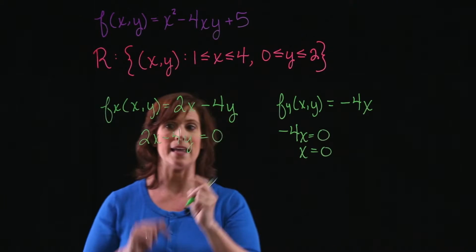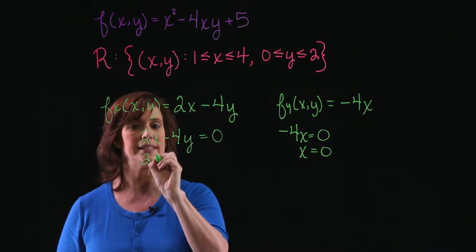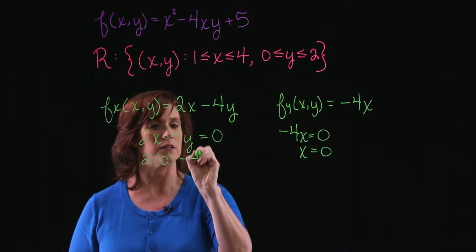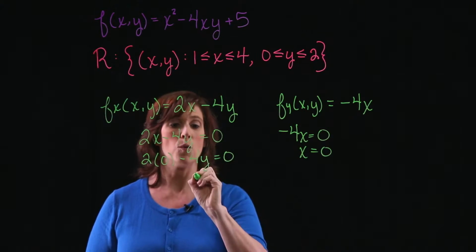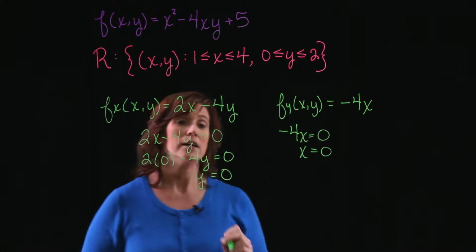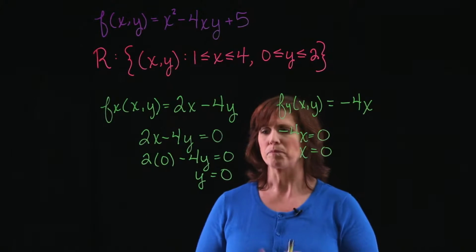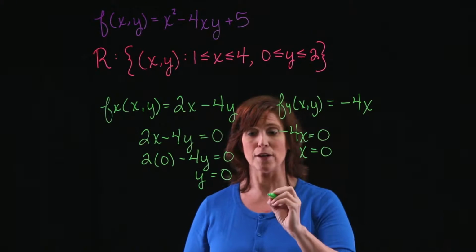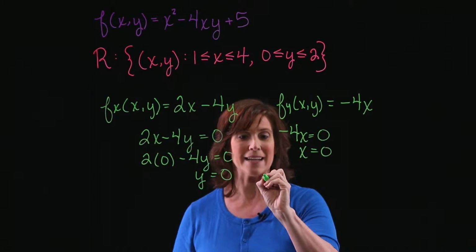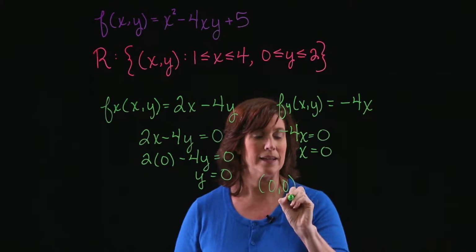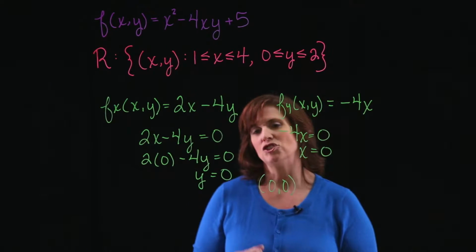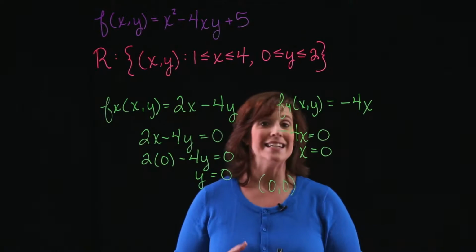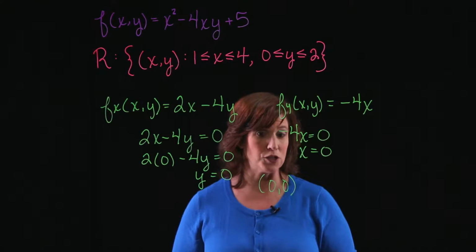And I can substitute that into my other equation and say 2 times 0 minus 4y equals 0, which is going to lead to y being equal to 0. So it looks like I have a critical point at 0, 0.